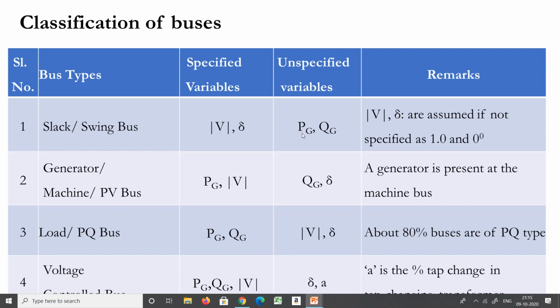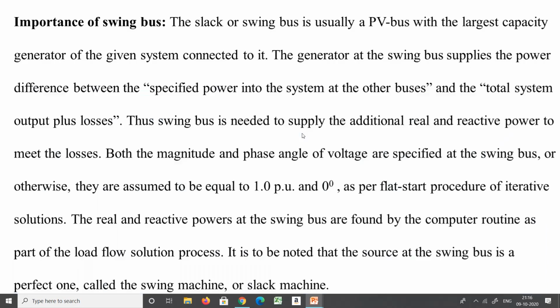But in a power system, power generated will be equal to the power consumed by the load plus losses. So the real and reactive power of one generator bus is not specified, and it is called the slack bus. These are the importance of swing or slack buses.